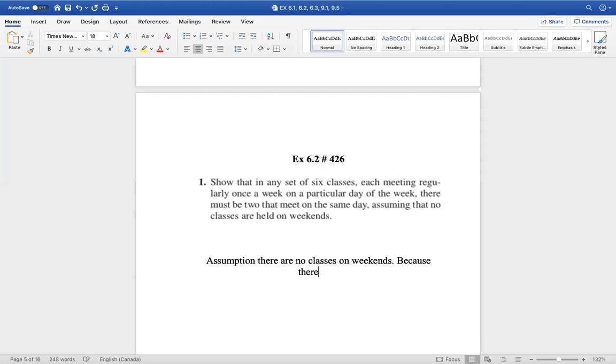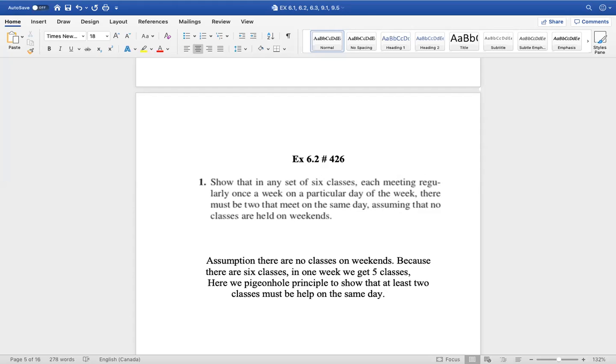Now, because there are 6 classes and only 5 days in 1 week, we use the pigeonhole principle to show that at least 2 classes must be held on the same day, right?